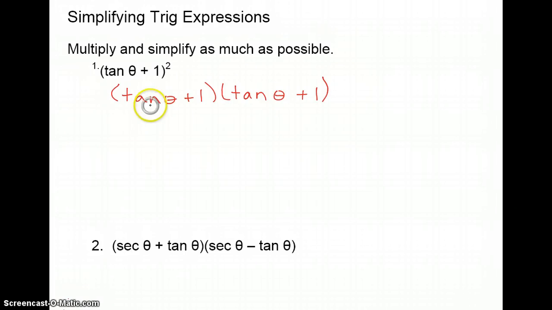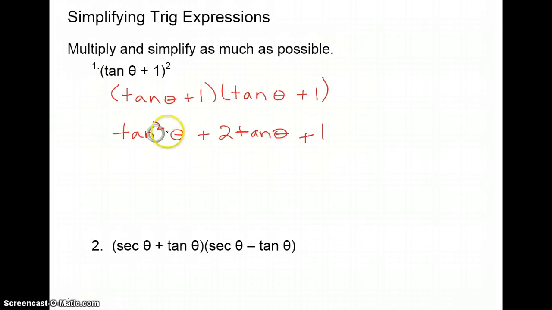So now I have to do FOIL: tangent of theta times tangent of theta, which will be tangent squared of theta. And then inside I'm going to get tangent of theta and then another tangent of theta, so I'm going to have plus 2 tangent of theta. And then I'm going to have 1 times 1, which is going to be plus 1.